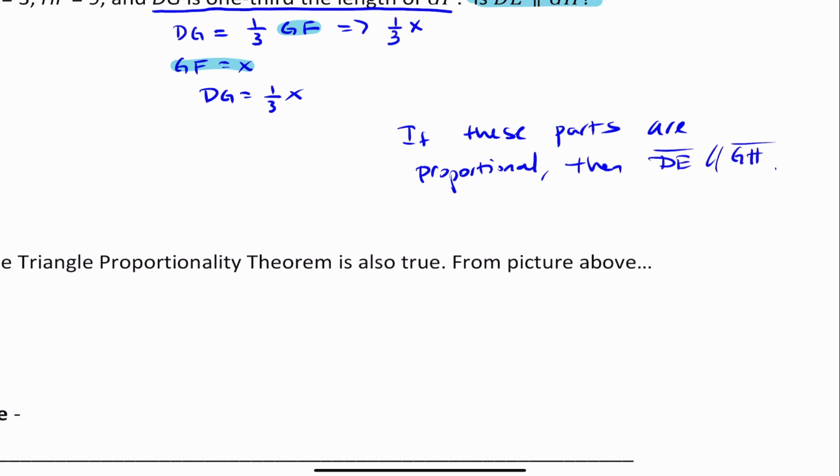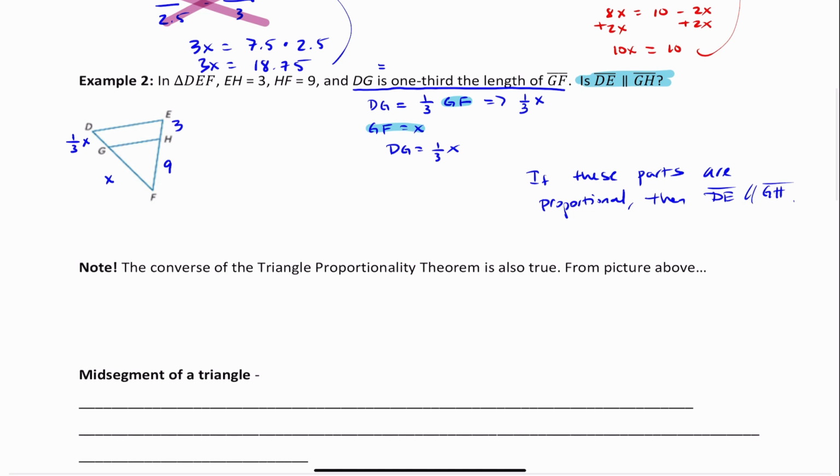If these parts are proportional, then segment DE is parallel to segment GH, okay? So let's create a setup where I take these two parts and make it a ratio. So I have 1/3 x over x equal that to, well, since 1/3 x is what I put up top and it's next to that 3 there, I have to put that up top as well. So it's 3/9. Great, we have a proportion.